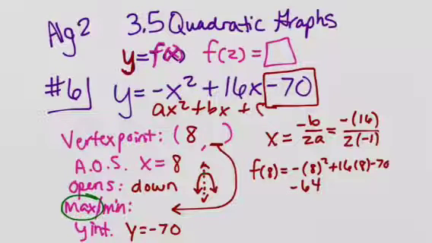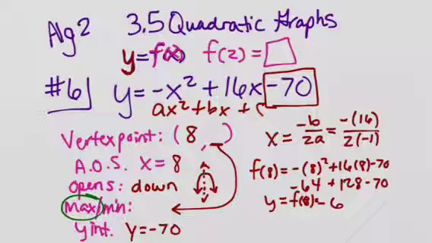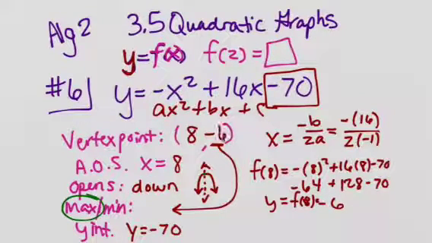You end up with 64, but it's negative, and then plus, and let's see, 16 times 8 is 128, and then I got a minus 70, and when I type all of that in, which the calculator is a little bit nicer with telling me what it equals, it's just going to equal -6. So y equals f of 8, which equals -6. So -6 is going to be the y value of the vertex point, and it's also going to be my maximum value, the highest that I go.